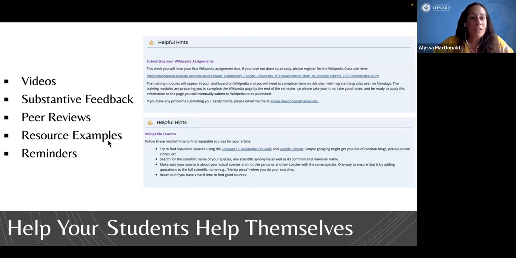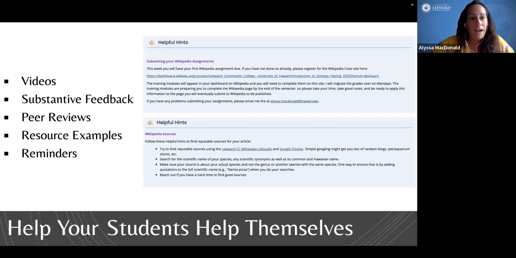Also, making sure that your feedback is really helpful for them. You can provide some feedback in the Wiki EDU platform, but on our Laulima or Sakai site, I provide them with a lot of information: here are some techniques and tips for having that neutral voice, and for citing, and for making sure that your contributions are going to be understood by the general public.